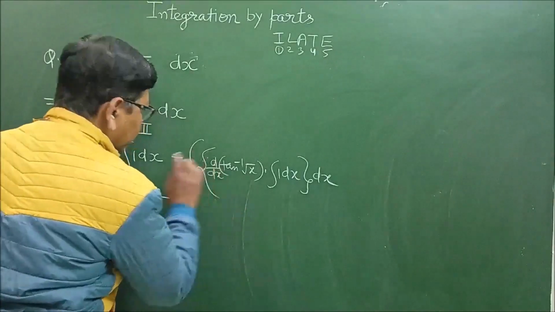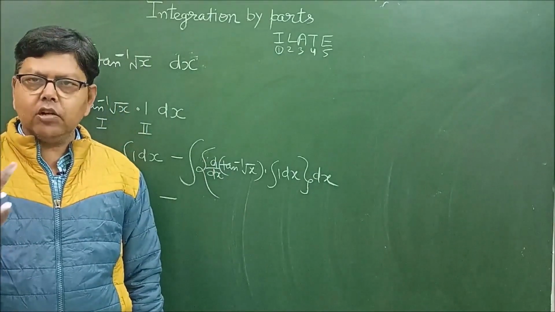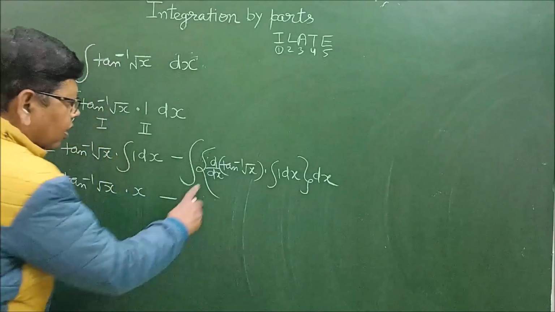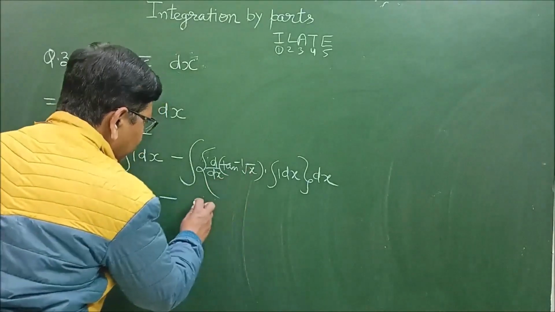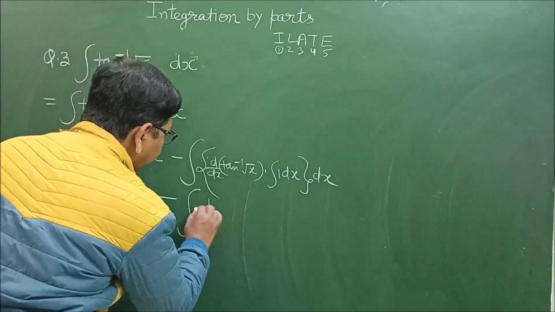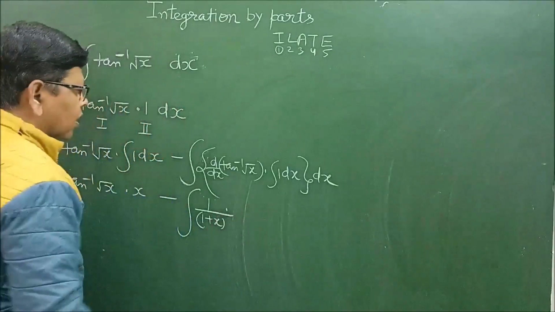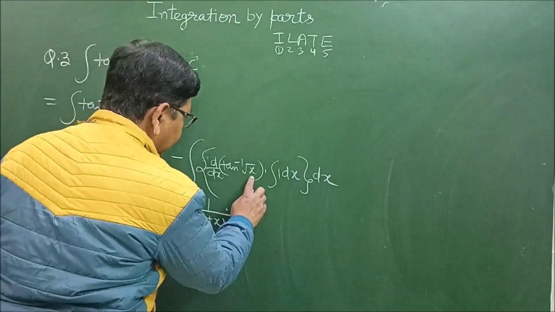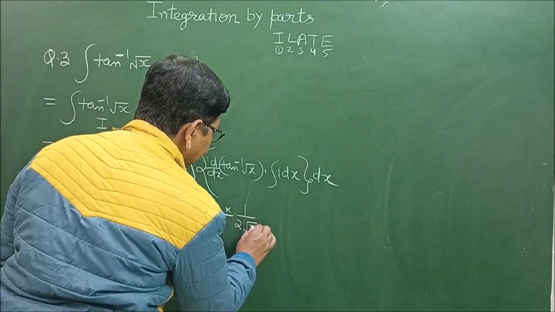Now tan inverse root x into integral of 1 is x, minus d dx of tan inverse root x. Using the formula, d dx of tan inverse x is equal to 1 upon 1 plus x square, I can write this as 1 upon 1 plus root x square, which is equal to 1 upon 1 plus x into the derivative of under root x, which is 1 upon 2 root x.